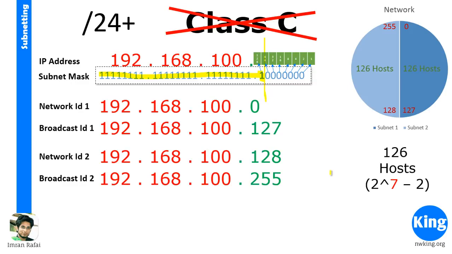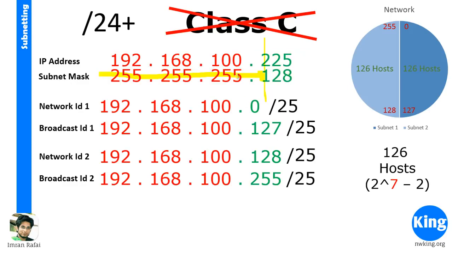So subnetting is nothing but borrowing a bit from your host part to create a network. So you're breaking this network into two by borrowing one bit. Originally, if you remember, the subnet mask was 255.255.255.0.